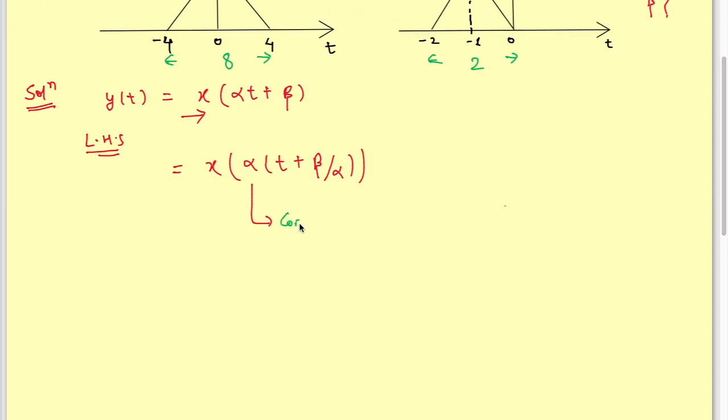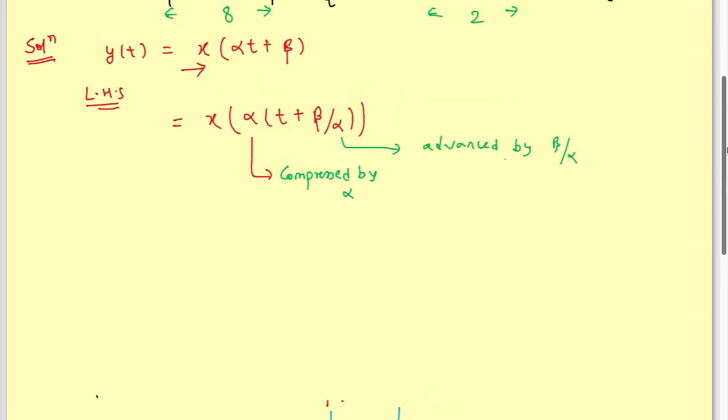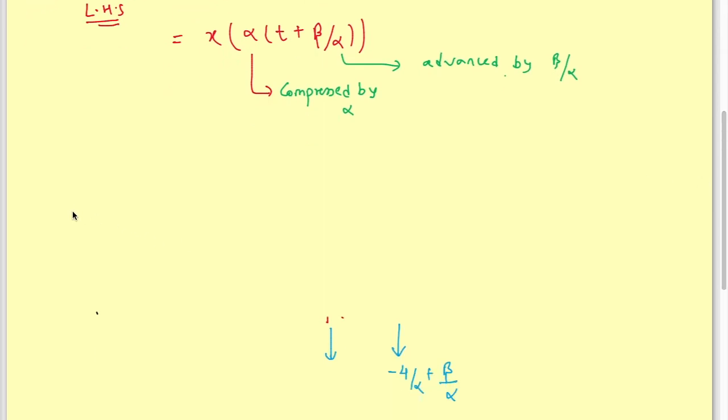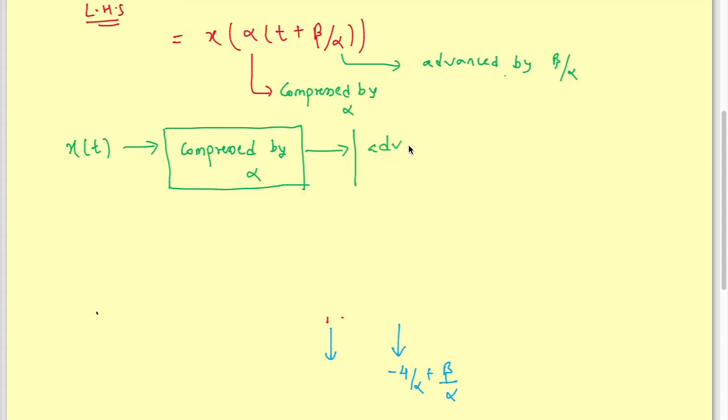So I can write it down as: x of t is compressed by alpha, then advanced by beta by alpha. This is y of t.